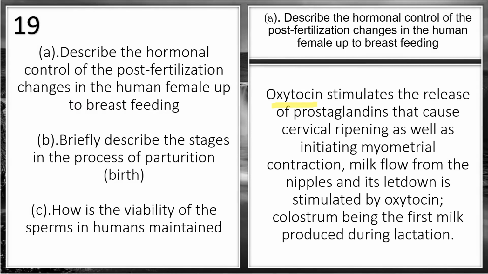Oxytocin stimulates the release of prostaglandins that cause cervical ripening, as well as initiating the myometrial contraction. Milk flow from the nipples and its let down is stimulated by oxytocin. Colostrum is the first milk produced during lactation.